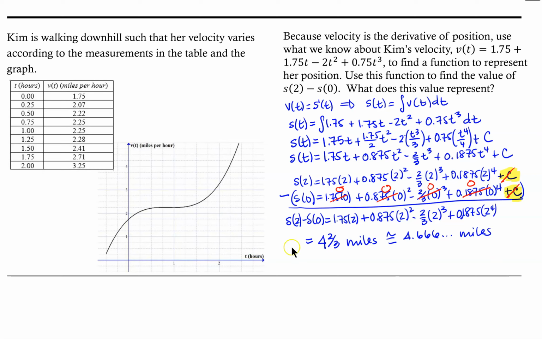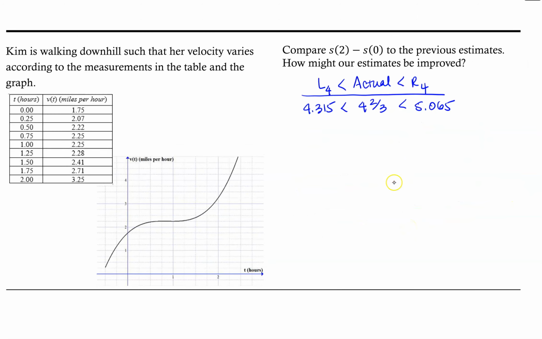Now, how do I know that this is the distance she walked? Well, I know that this is her position 2 hours into her walk minus her initial position. And so the difference between those two positions gives us the distance that she walked within those 2 hours.